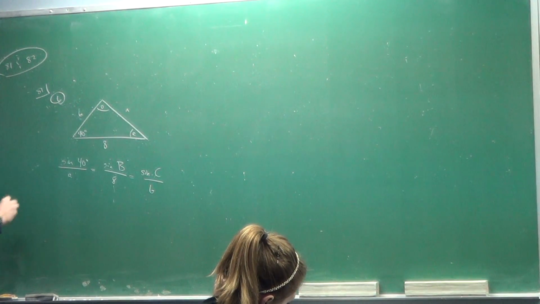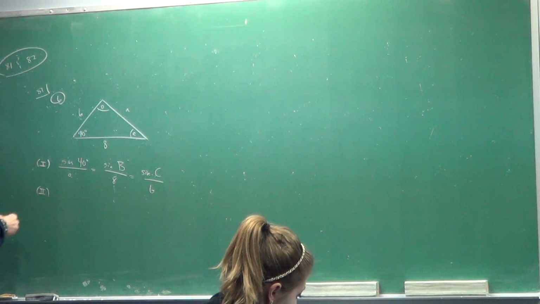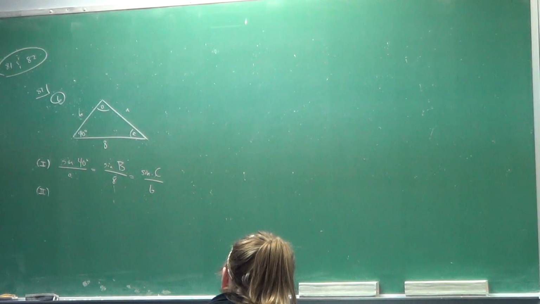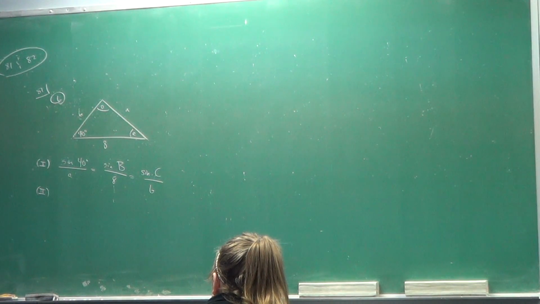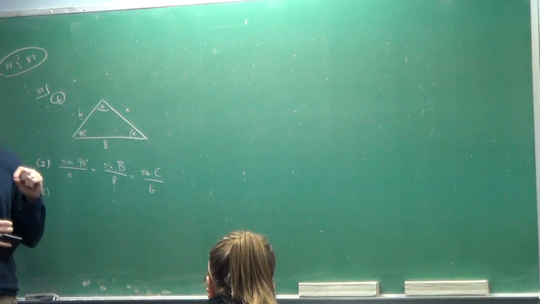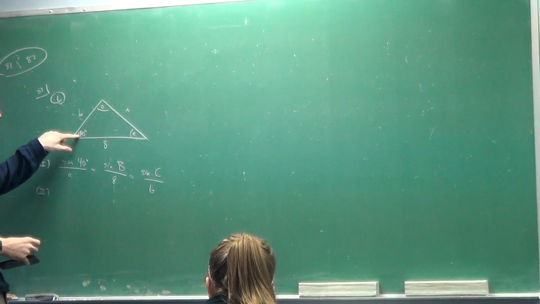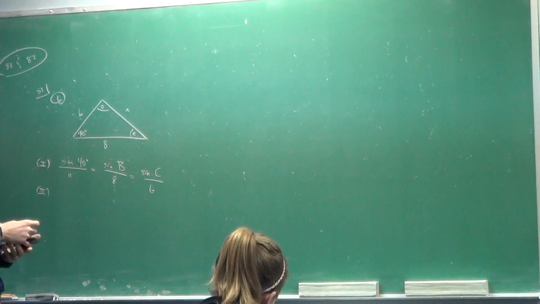Okay, so let's go instead to law of cosines. Now the question is which sides are we going to want to use? Well, you know that law of cosines involves the cosine of an angle at the end of it. And if you use this angle, that's going to help you along the way.